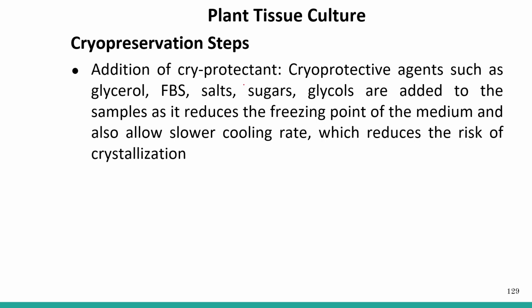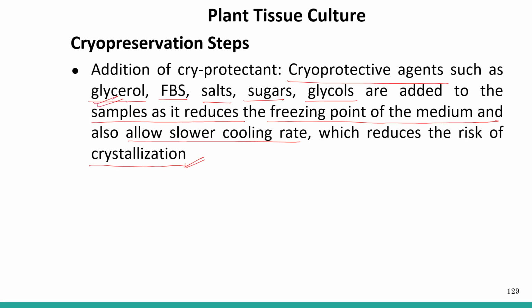Addition of cryoprotectant. Cryoprotective agents such as glycerol, FBS, salts, sugar, and glycols are added to the sample as they reduce the freezing point of the medium and also allow a slower cooling rate, which reduces the risk of crystallization. So there is no formation of crystals in the presence of these materials.